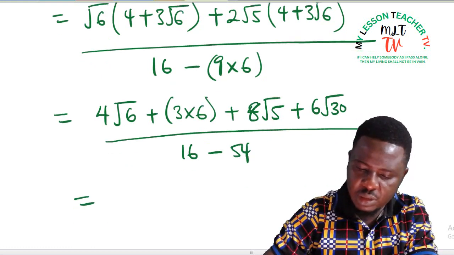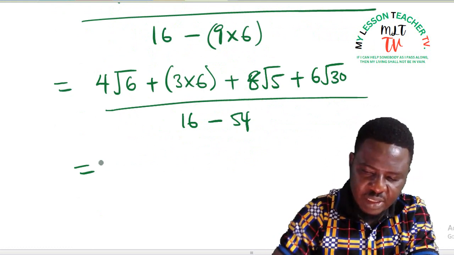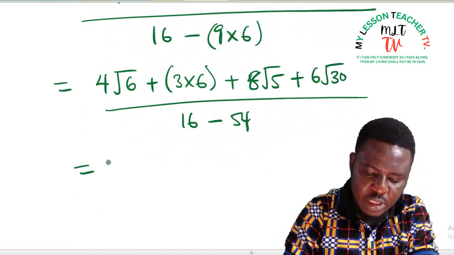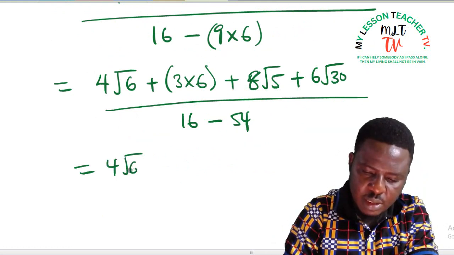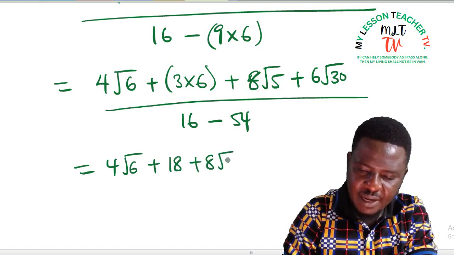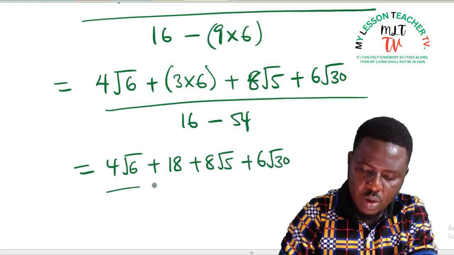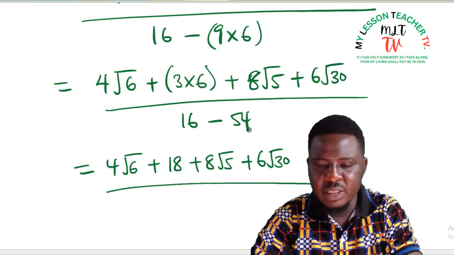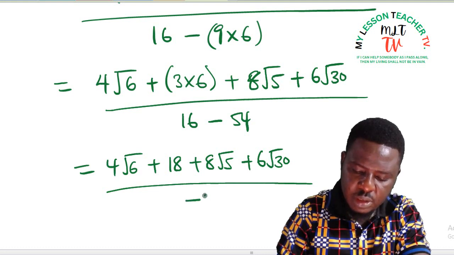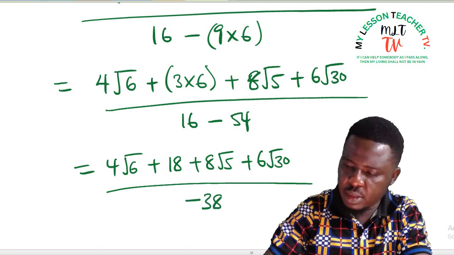So when you simplify, this is equal to 4 root 6 plus 18 plus 8 root 5 plus 6 root 30, all divided by 16 minus 54 is minus 38.